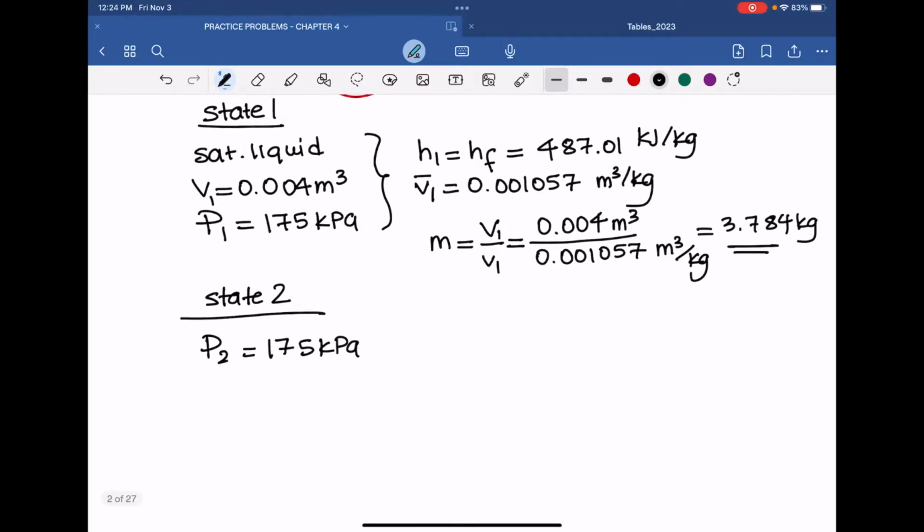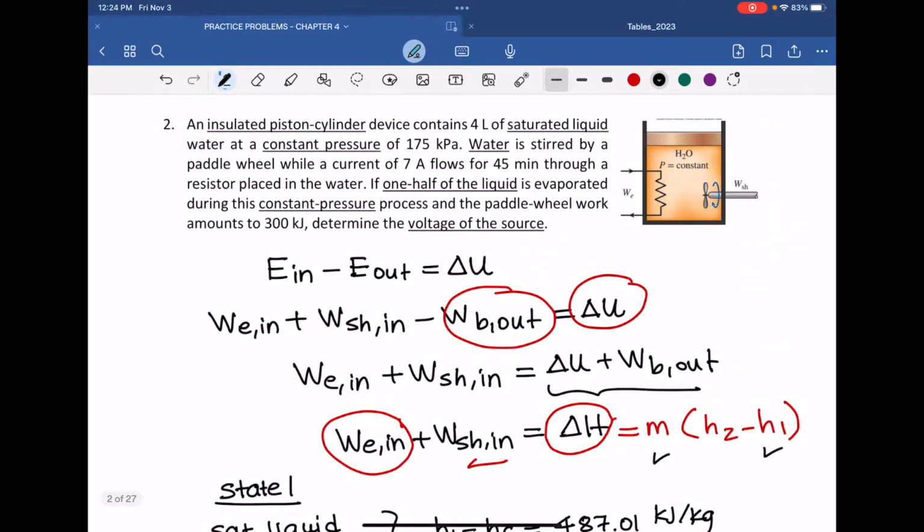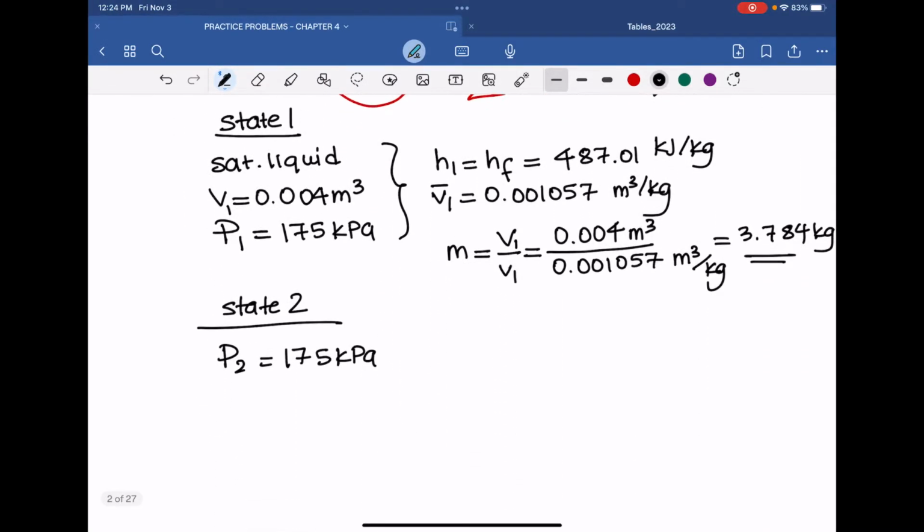Second thing we know is that they tell us half of the liquid is evaporated. So that means that you will have to have a mixture, therefore. So you actually know that you have a mixture.